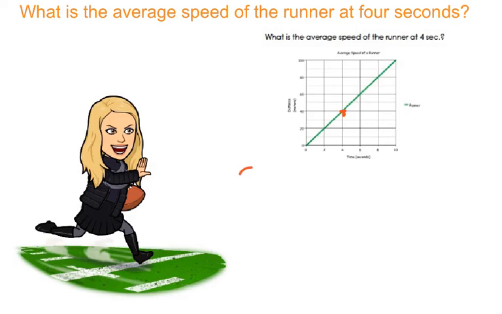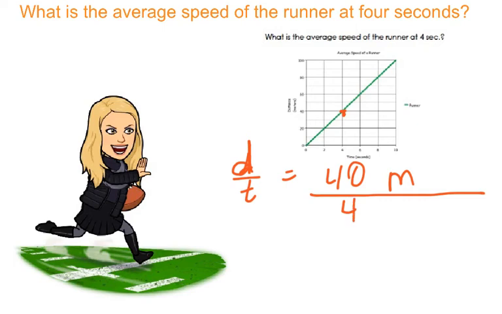So distance over time equals, I'm sorry about that D, 40 meters in 4 seconds. 40 divided by 4 is 10.